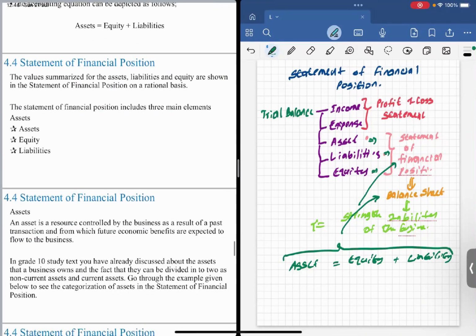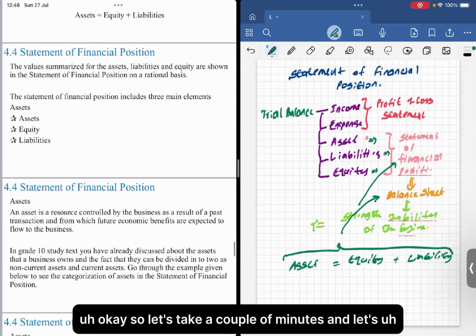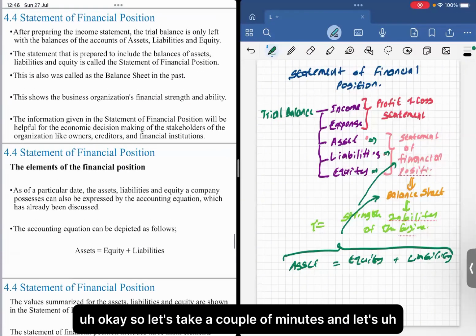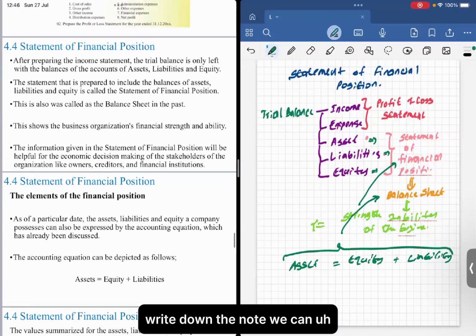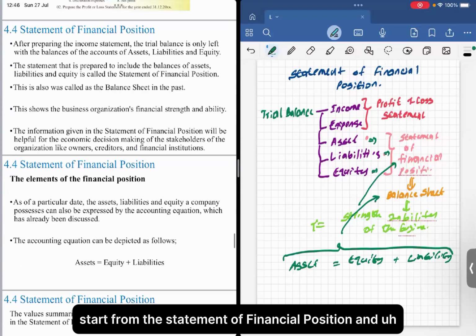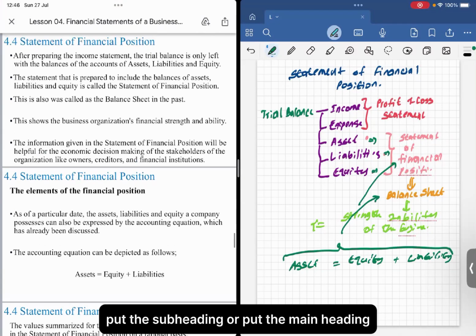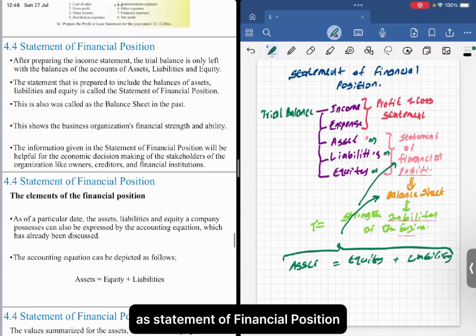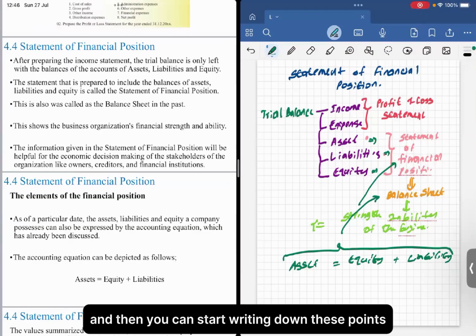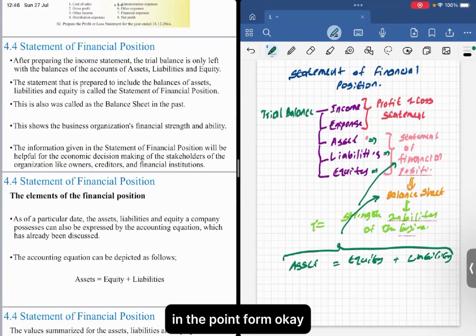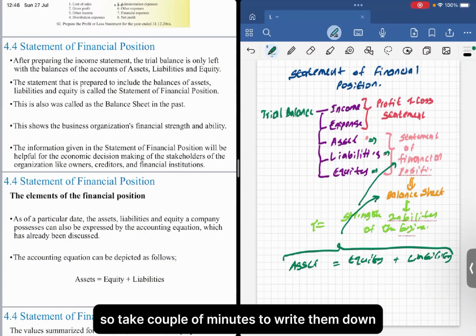Okay, so let's take a couple of minutes and write down the notes. We can start with the main heading, statement of financial position, and then you can start writing down these points in point form. Take a couple of minutes to write them down.